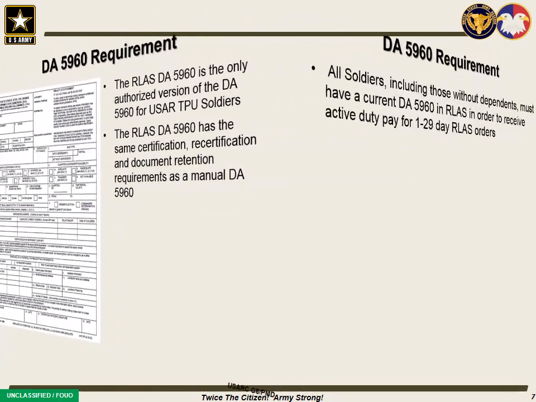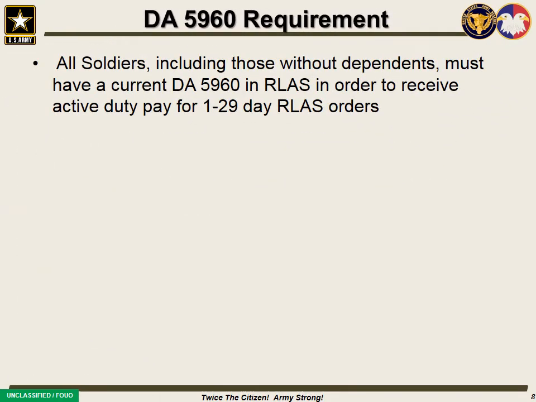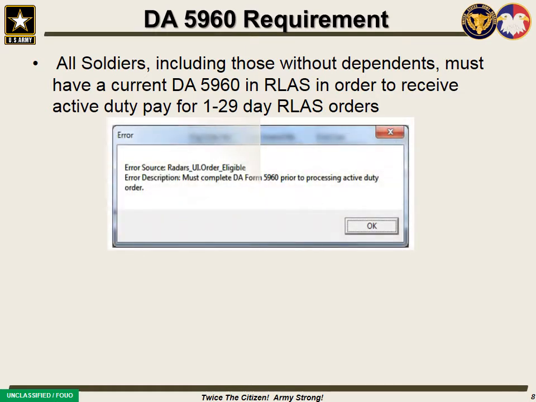Each RLAS module, the 1 to 29 day, Unit AT, and mobilization modules, will prevent users from creating pay for soldiers who do not have an RLAS DA Form 5960. Users will receive an error message advising them of the missing DA Form 5960, prompting them to create the DA Form 5960 in order to create the pay record.